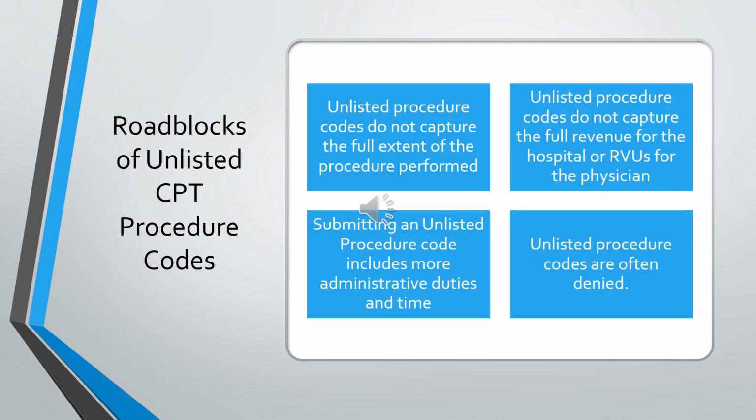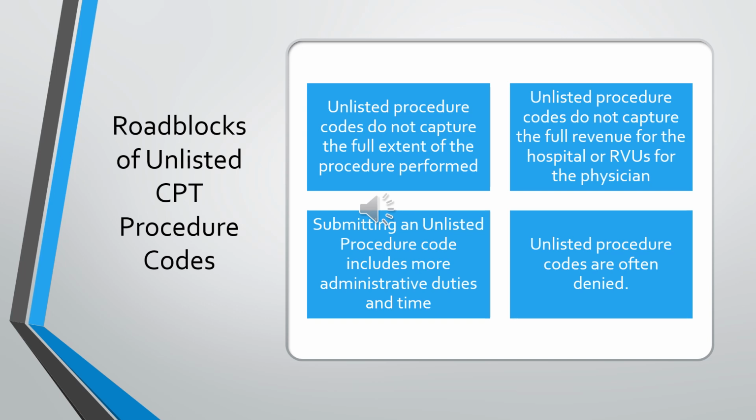The specific roadblocks that are associated with the use of unlisted CPT and HCPCS procedure codes are listed here. The first one is that these codes do not capture the full extent of the procedure performed. The next one, the unlisted procedure codes do not capture the full revenue for the hospital or facility, and they do not capture RVUs for the physician.